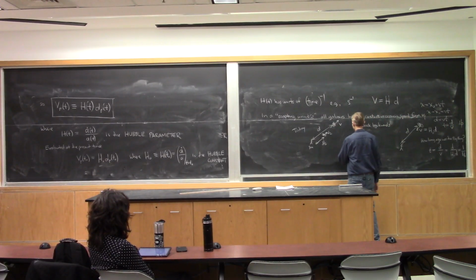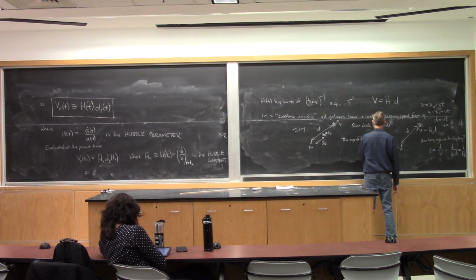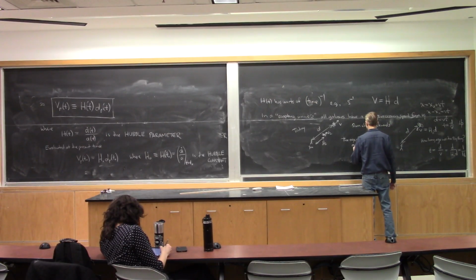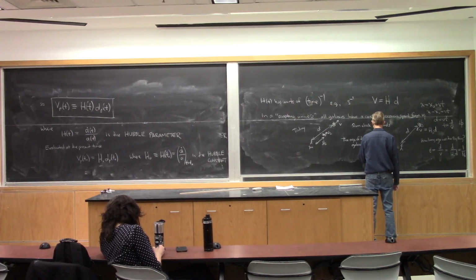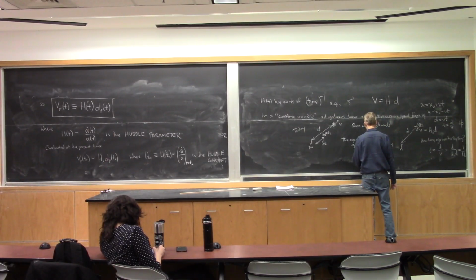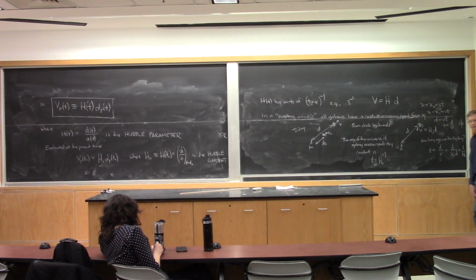In other words, the age of the universe, if galaxy recession speeds stay constant, is t equals 1 over H naught, H naught inverse.